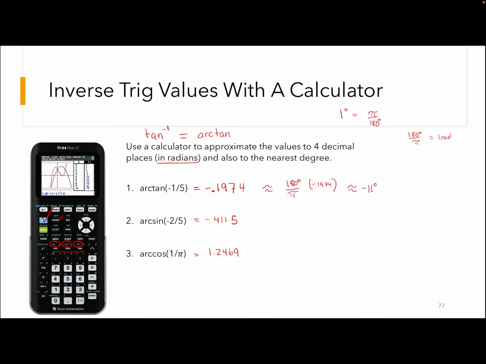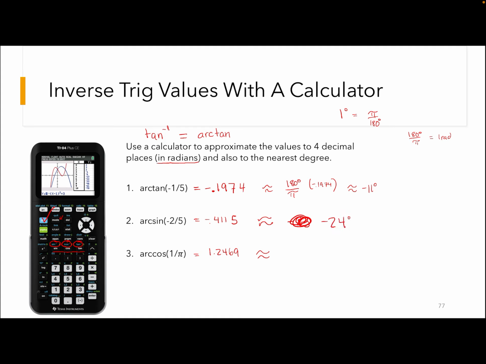Now you could go back and put your calculator in degree mode and do each of those inverse trig functions, which is what we'll do for the other two. You can see that the conversion works however you want to do it. So if we did arc sine of -2 divided by 5, that's going to give us -24 degrees because it's 23.5.